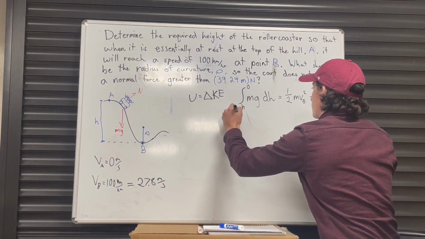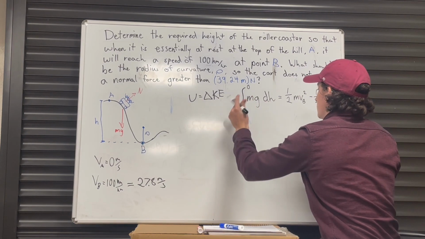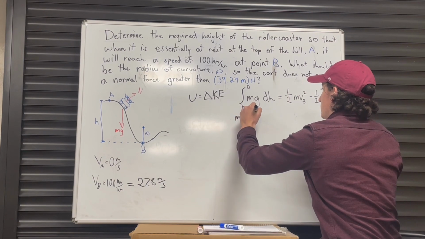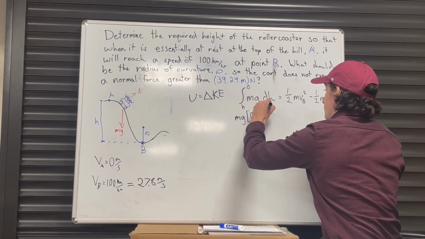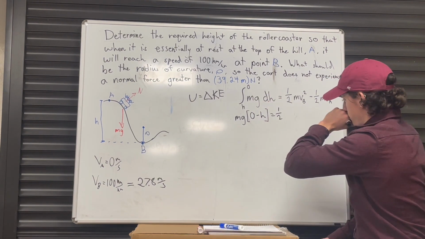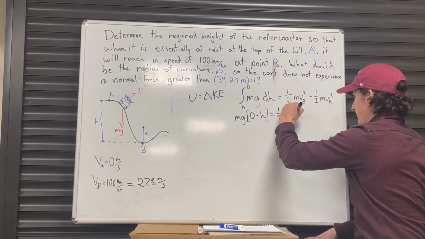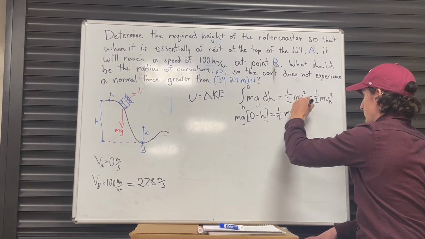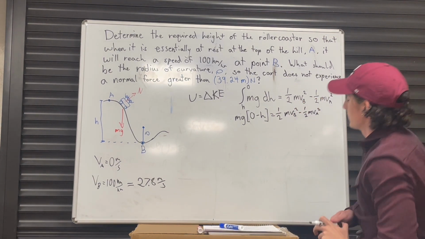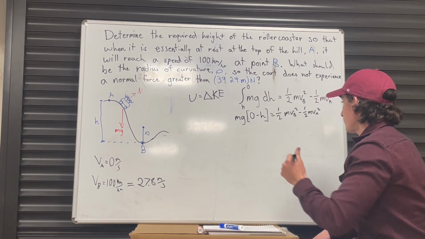We have mg times 0 minus h equals 1/2 m vB squared minus 1/2 m vA squared.